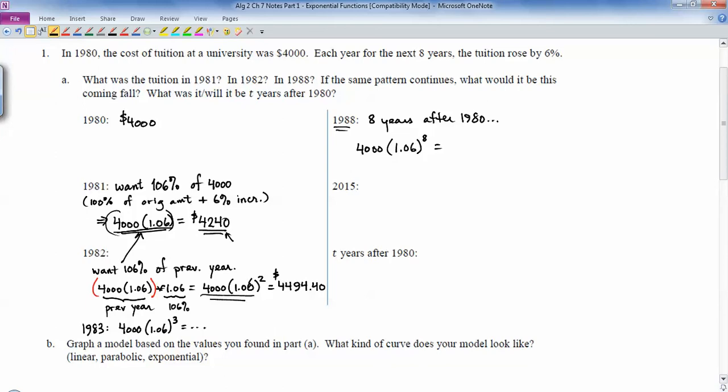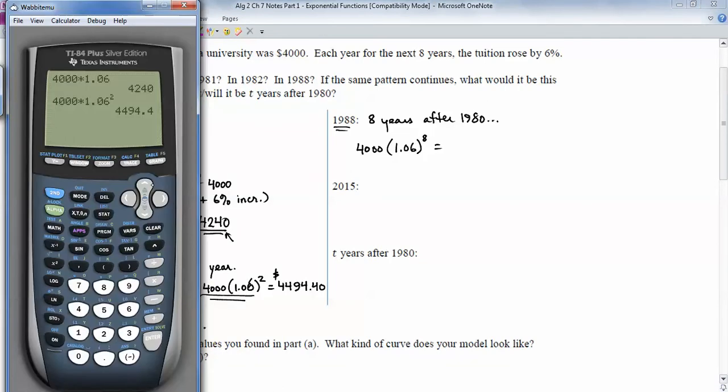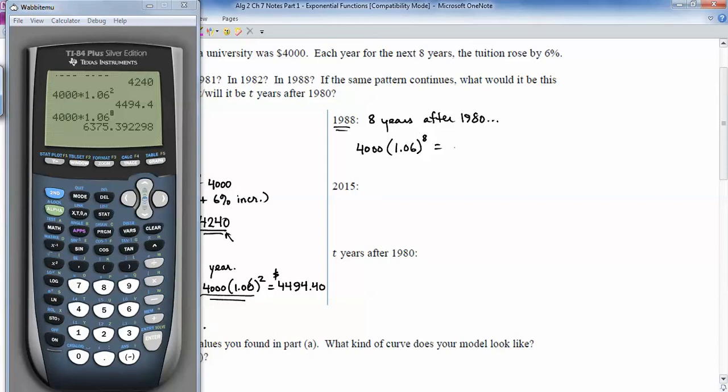And if you do that, let's see what that equals. So I'm just going to call up that one, and then go back and change that to an 8. And we get 6375.39. I'm rounding to the nearest cent.